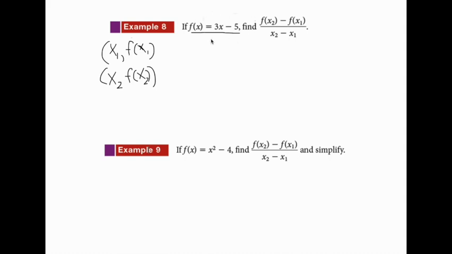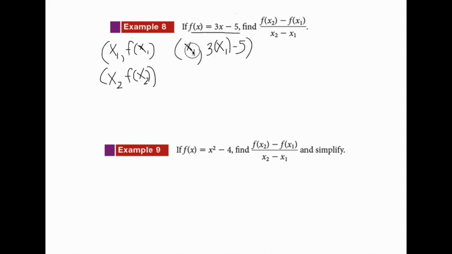When we use our function to do that, I'm going to find f of x2, I'm going to take x2 and plug it into the function. That's what we always do when we're looking for a corresponding y value. We plug in the value of x. That's our x2 in this case. I'm going to have x1 now. When I plug in x1, I'm going to get 3 times x1 minus 5.